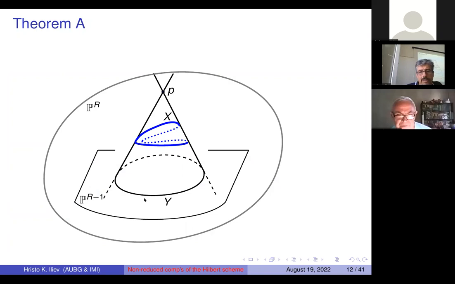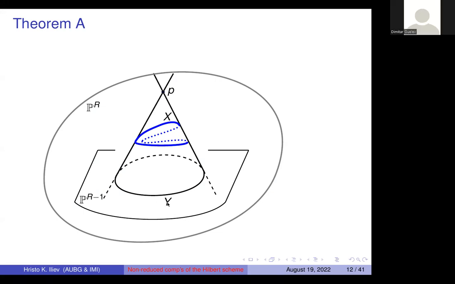The importance of this result is that, or perhaps I should visualize first. This is what the results say visually. So we have here a cone. So this is the cone over some curve Y. It is of genus gamma, embedded by a line bundle of degree g minus 2 gamma plus 1 into this space P^(r-1), which is in fact P of dimension g minus 3 gamma plus 1.